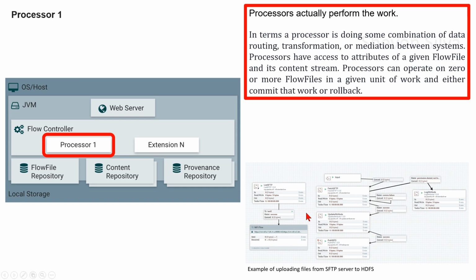And the result of this listing is used for parallel downloading of files by all the nodes of the cluster by the fetch SFTP processor.